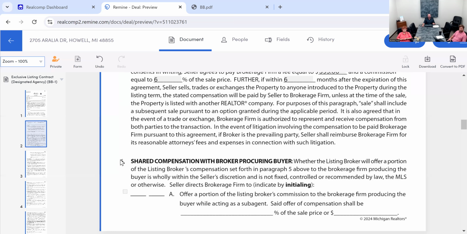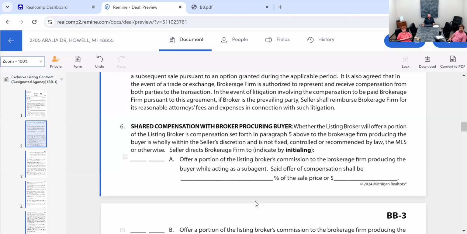All right, so this gets to be the fun part now. Shared compensation with broker procuring buyer. These three are in the same order as they used to be on the MLS: sub-agent, buyer's agent, and transaction coordinator.